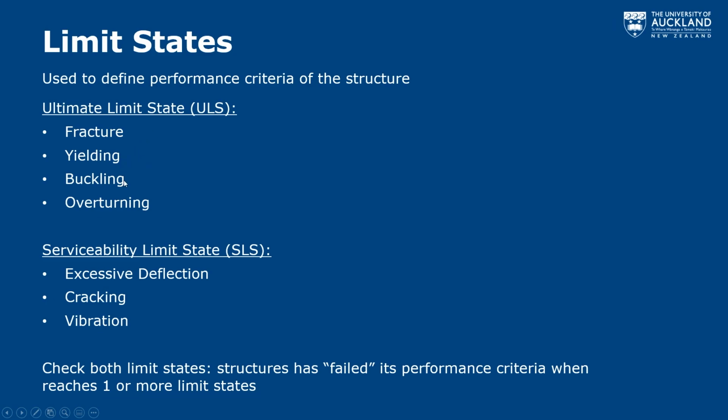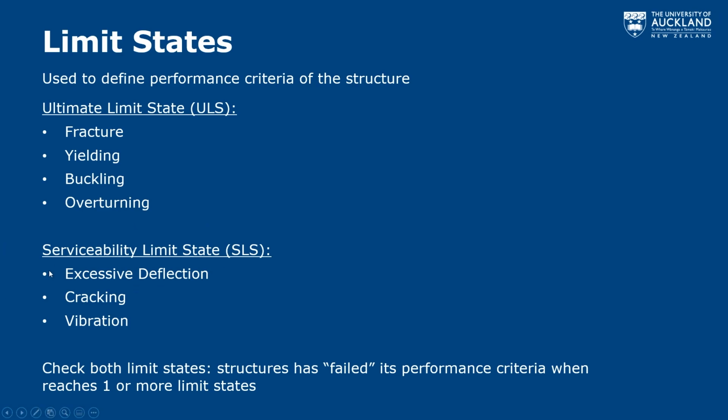Have we yielded it? Is the element buckled either globally or a portion of it? Have we had a structure which has been pushed over and we've got overturning? So this is really the ultimate limit state, what we want to make sure the structure can withstand so that it is safe to life and people using it. So it's to make sure that it's not going to collapse and not going to hurt anybody.